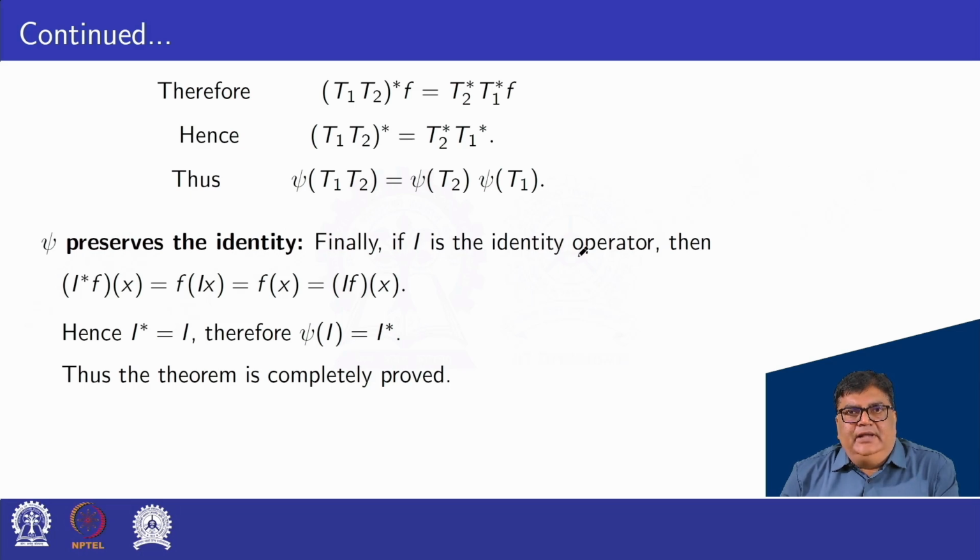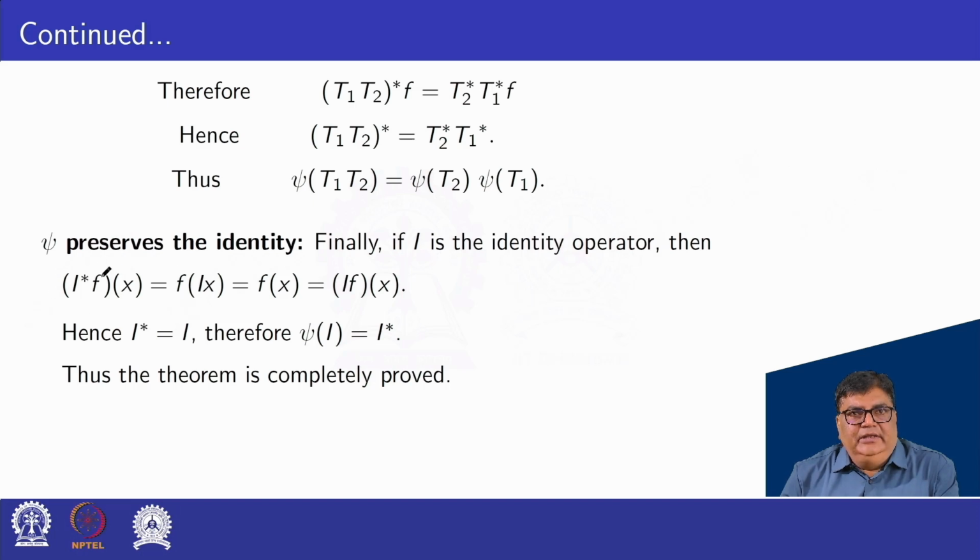Finally, if I is the identity operator, then I* f (x), as per the definition of adjoint, we can write this as f(Ix). I is the identity operator, so it can be written as f(x). So f(x) can be written as (I f)(x) because I is the identity.